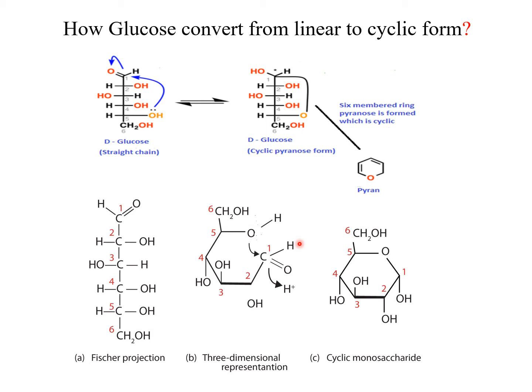In case of fructose, it is 5-membered. So this is how glucose is converted from linear to cyclic form. Because of internal rearrangement, there is no addition or deletion of any atoms, only the internal rearrangement makes the cyclic 6-membered monosaccharide. Clear?